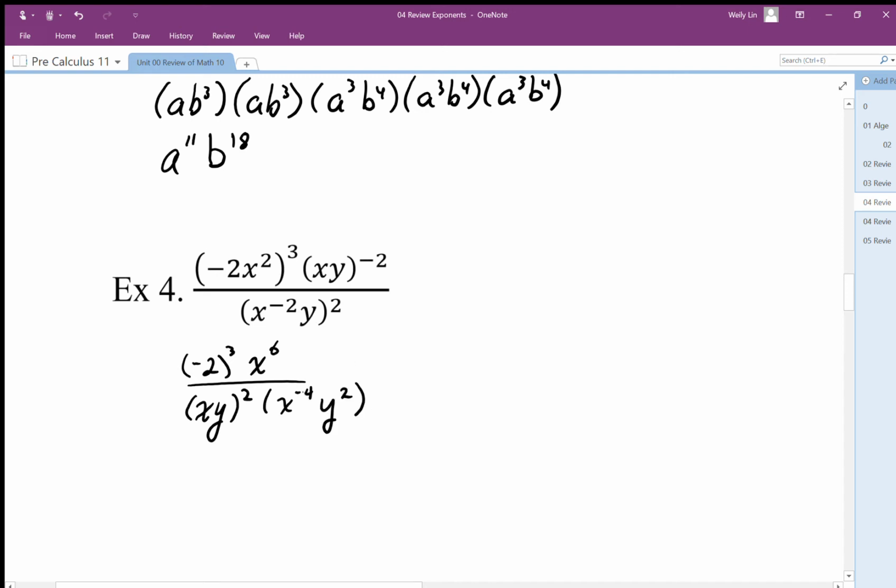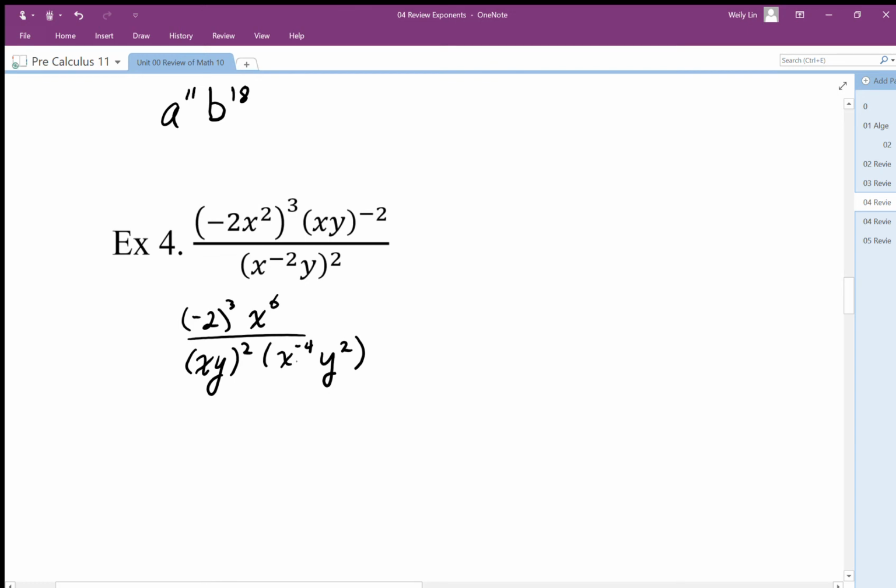Okay, now if I want, I can move that into the numerator, which is what I think I'll do. I'm going to put that power divide, so this is divide, but divide in the denominator really means multiply. So when I work this out, I get negative 2 times negative 2 times negative 2, x to the power 6, x to the power 4.